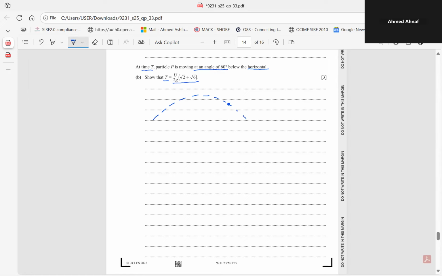Let's say particle P is here at time t, and the velocity is, let's say, here. It says it's going 60 degrees below the horizontal. If the question says below the horizontal, that means the particle has already passed the highest point, and now it's moving downwards.